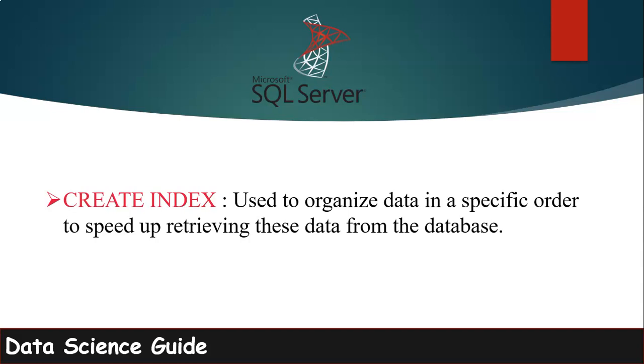If the data type in a column is numbers, this index can organize the data based on these numbers from the smallest to the biggest number. And if this column is string, the index will organize it alphabetically, and so on.